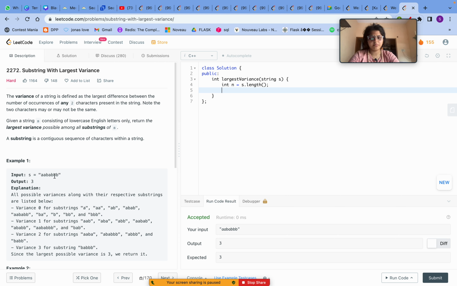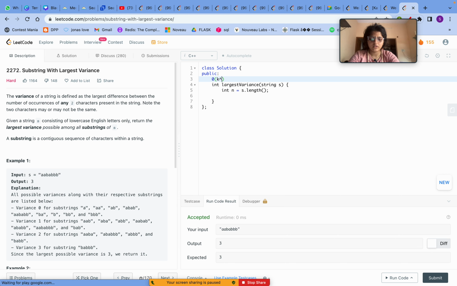All the pairs of unique letters, anyway it will reduce your complexity. If the unique letters are 4 only, the complexity will improve. The complexity of my solution will be order of k square into 2n.